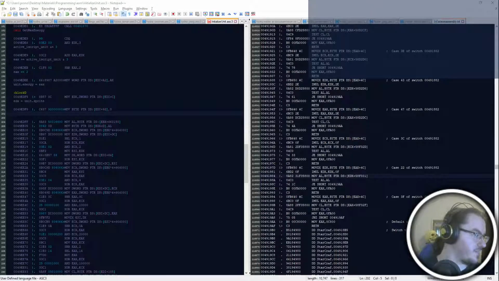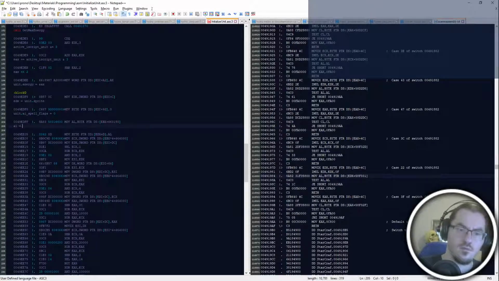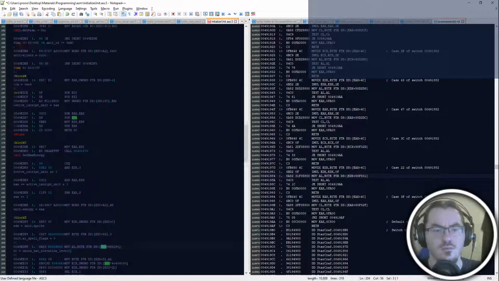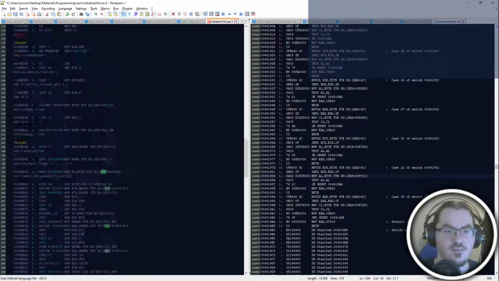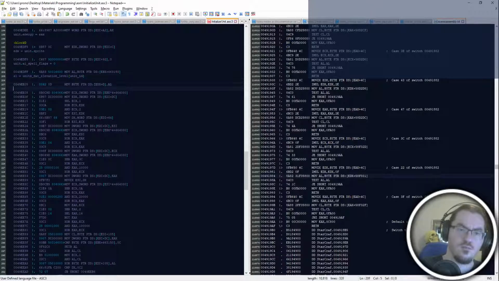Go back up here for a moment. 92. Unit stat elevation level. EBX. What the fuck is that? Unit ID. Okay. Oh, this is sprite.